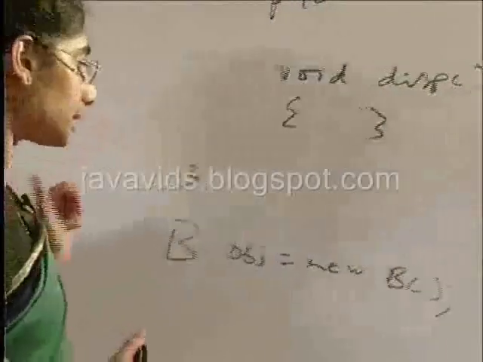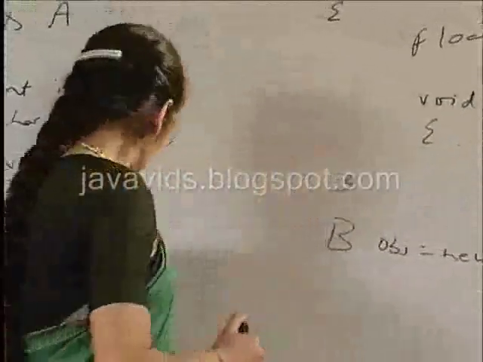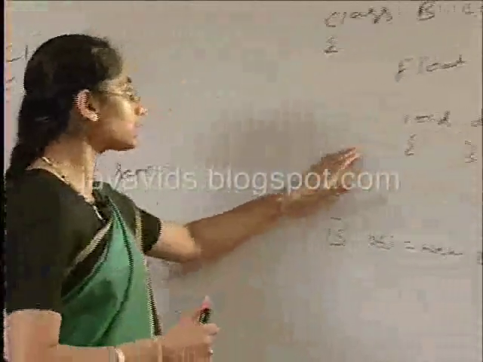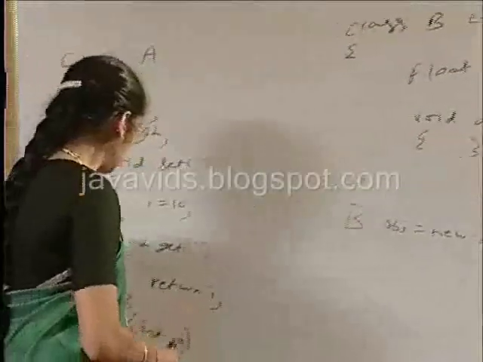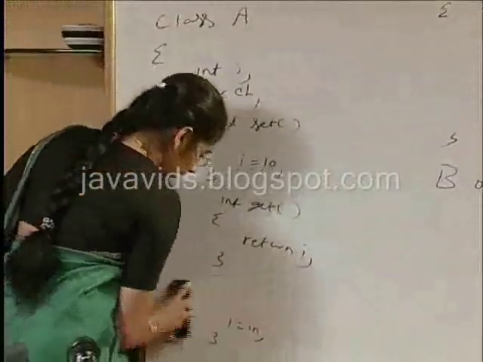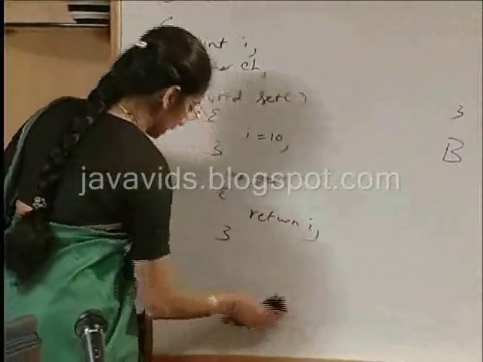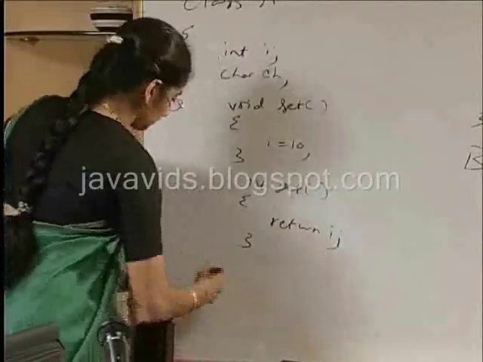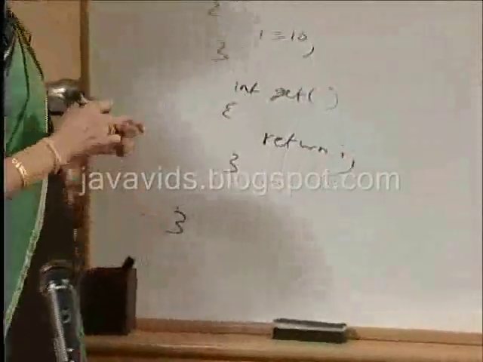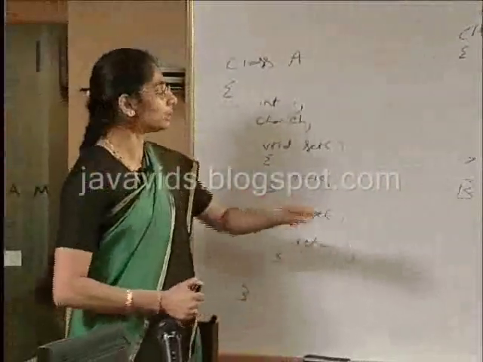Now what happens here is, since we have a default constructor in class B, and let's assume that we have not written any constructor in class A as well, which means for both the classes we have a default constructor, right?